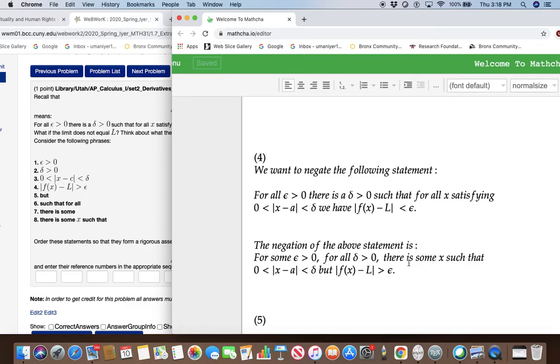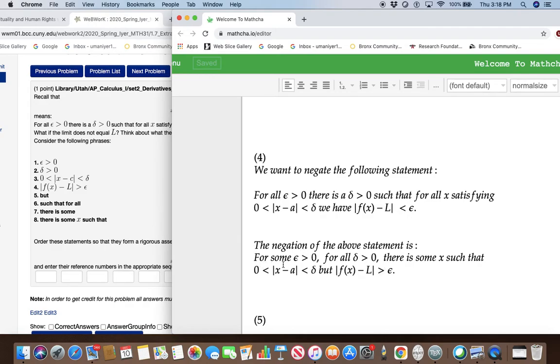The negation of for all is there is some, such that this condition is satisfied, but that condition is not satisfied. So, but this condition, it should not be greater than, it should be greater or equal, but I don't have that as an option, so I've written it this way. It should be greater or equal here.